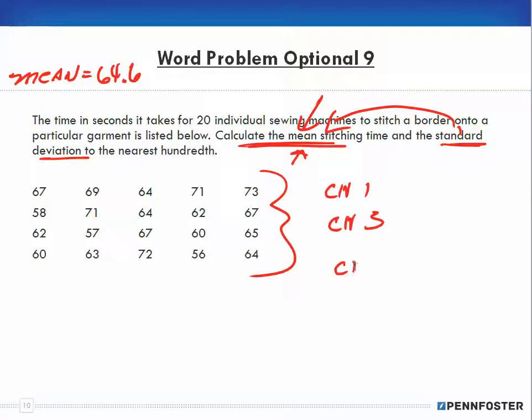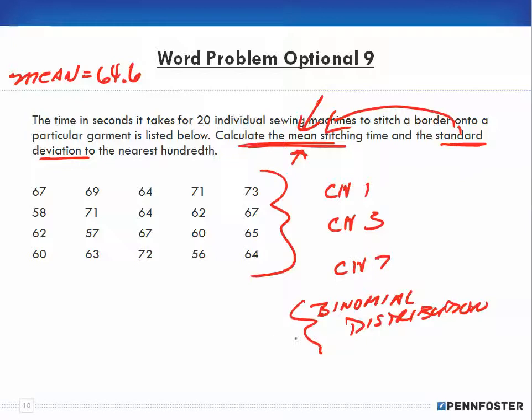But then in like chapter 7, I believe, you deal with something called binomial distribution. And in chapter 7, in statistics, the author automatically assumes that you know how to do standard deviation from chapter 3.